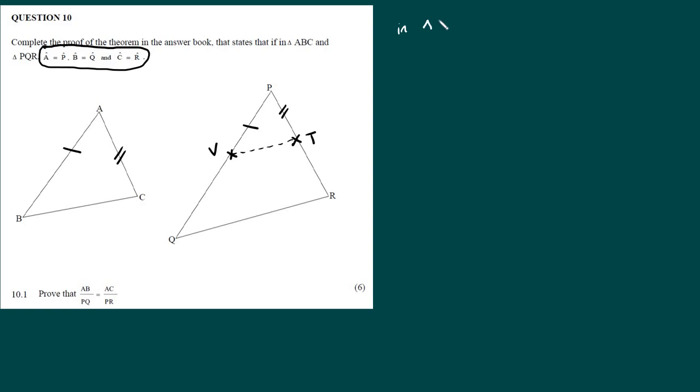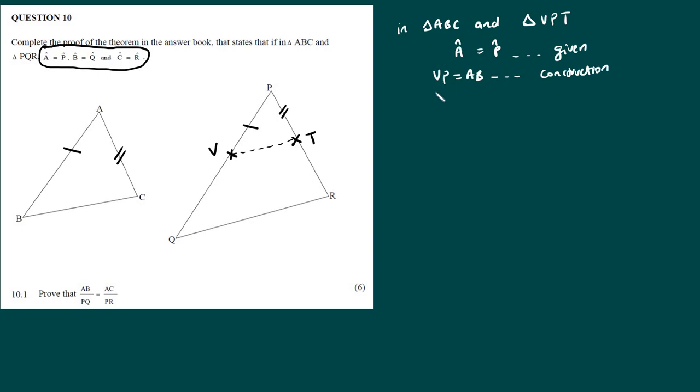In triangle ABC and triangle VPT, angle A, you can even start with angle A is equal to angle P. Why? You are given there, so you tell them I'm given. Then you say VP is equal to AB, by construction, right?